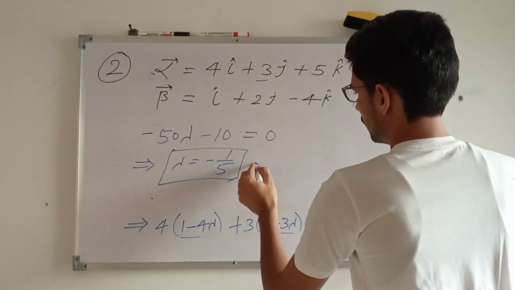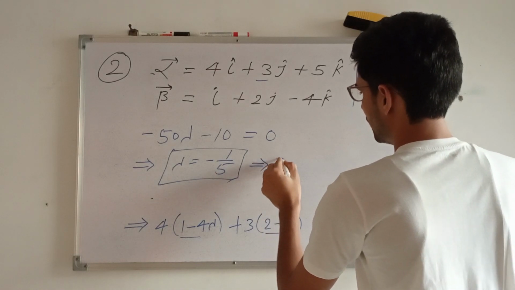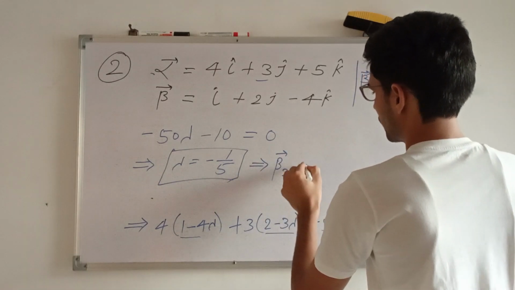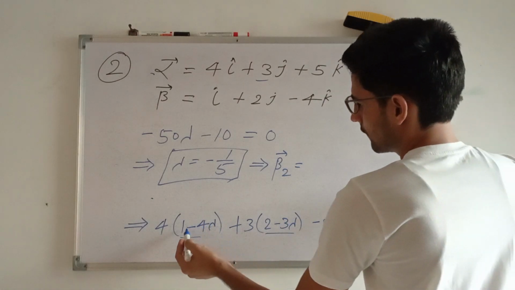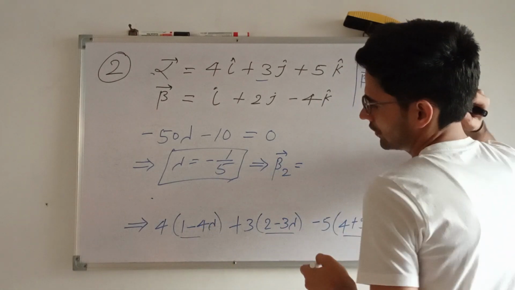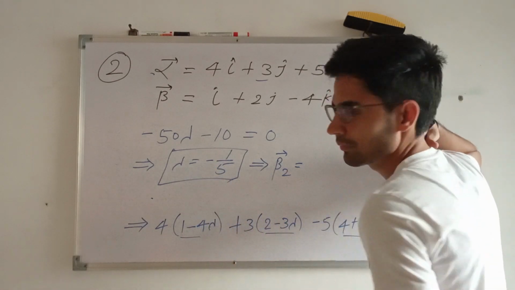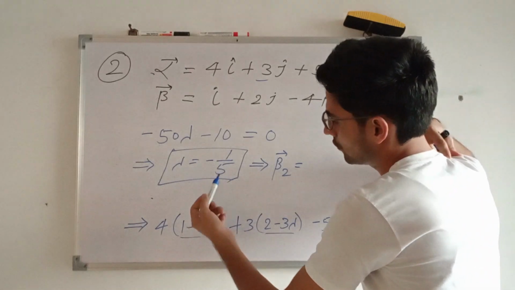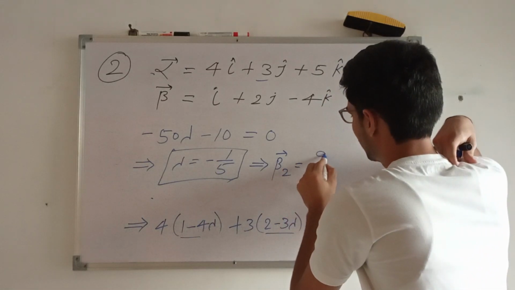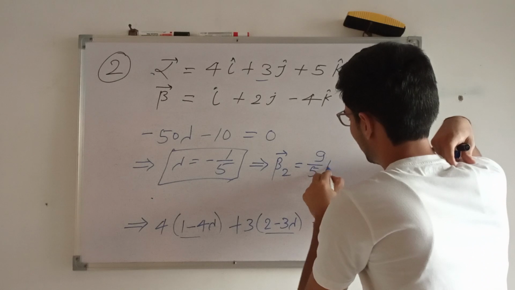Now put this value of lambda, we get beta 2 is equal to 1 minus 4 lambda. Minus minus will become plus, so 1 plus 4 by 5 will be 9 by 5 i cap.